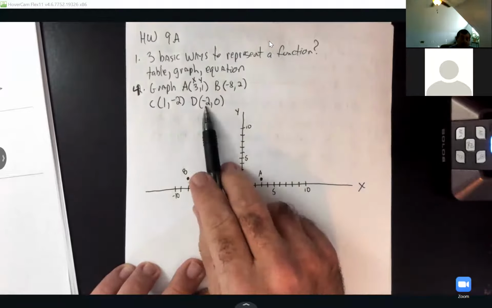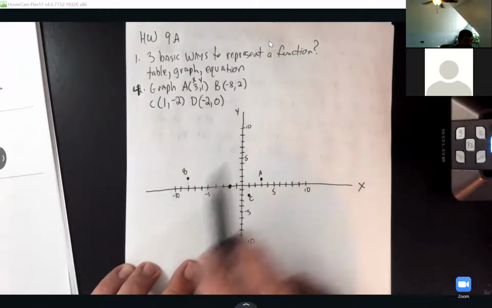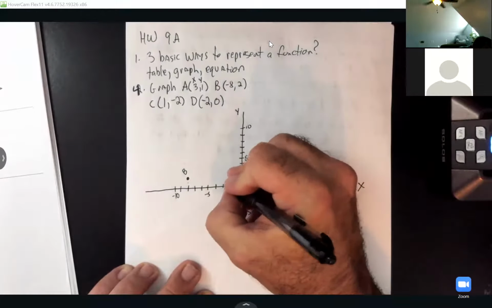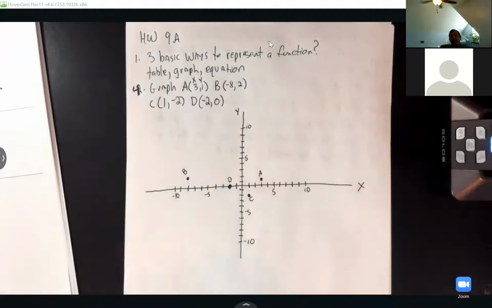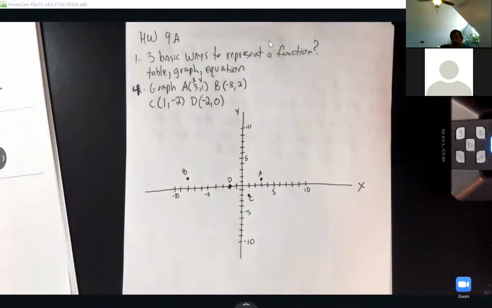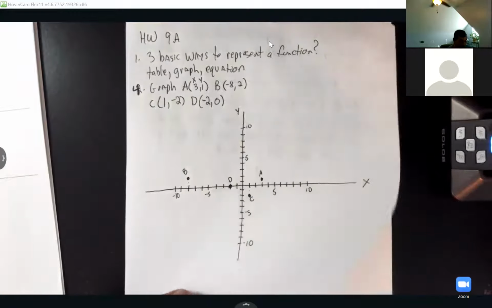So when the first number's given for the X and the Y value is 0, you're going to be on that line, okay? So that was D. If the first number is 0 and you got a number for the second coordinate for the Y, then it'll be on the other line, okay, or the y-axis. All right, y'all, so that's basically graphing those 4 points, what they're going to want you to do.